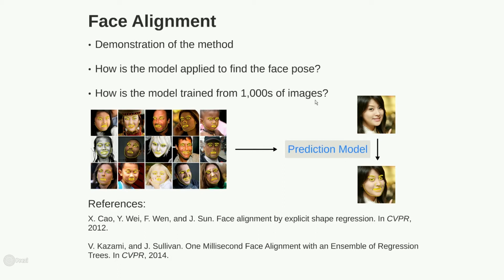So there are two questions involved. One is, how is the model applied to find the face pose, to find the shape? And another is, how is the model trained from thousands of images? In this first video, we're going to answer the first question, meaning we're going to go through the testing stage and try to understand the mechanism.